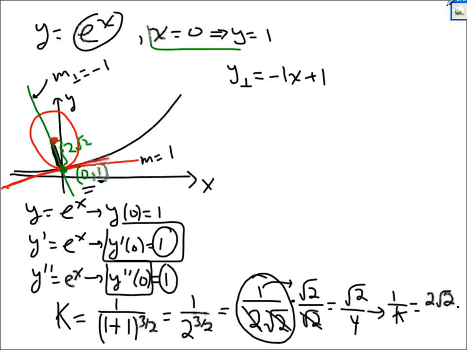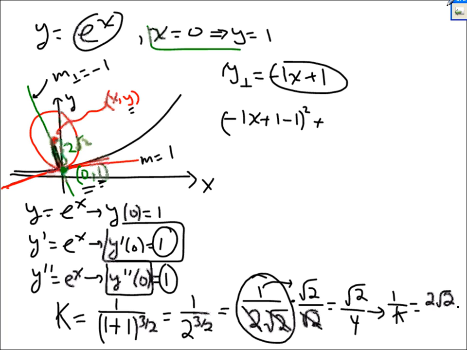Now, I want to calculate the distance between (0, 1) and the arbitrary point right here, we'll call it (x, y). So it's (y minus 1) squared plus (x minus 0) squared.